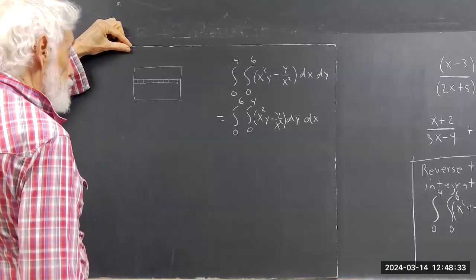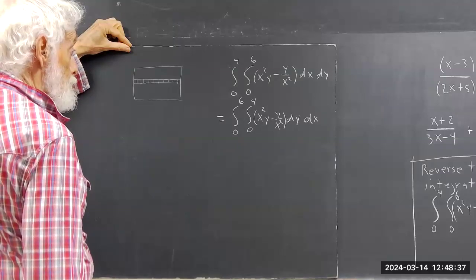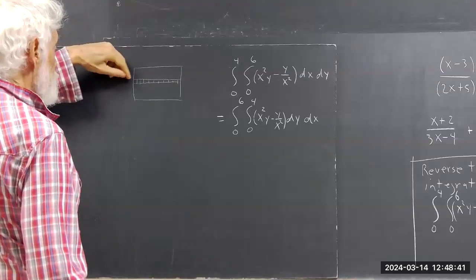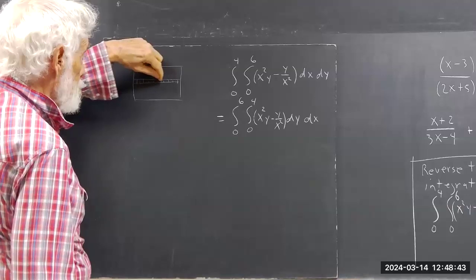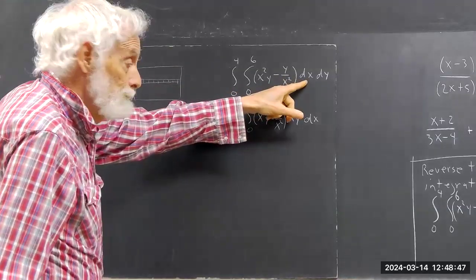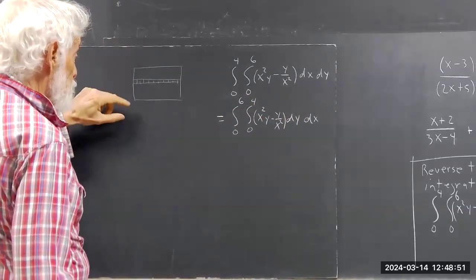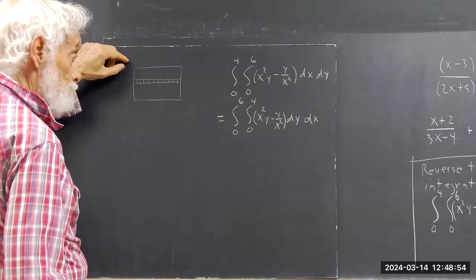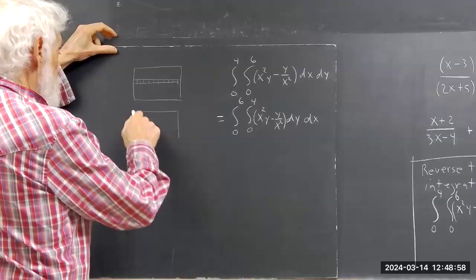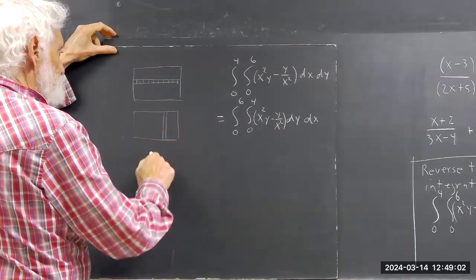Let me make sure I said that right. So when you do this final partition, you're summing up over x. And then you take all of these strips and let them go from 0 to 4. And you want to think about what I mean by that. I'm not going to go into the explanation of it, but I kind of did that last time.